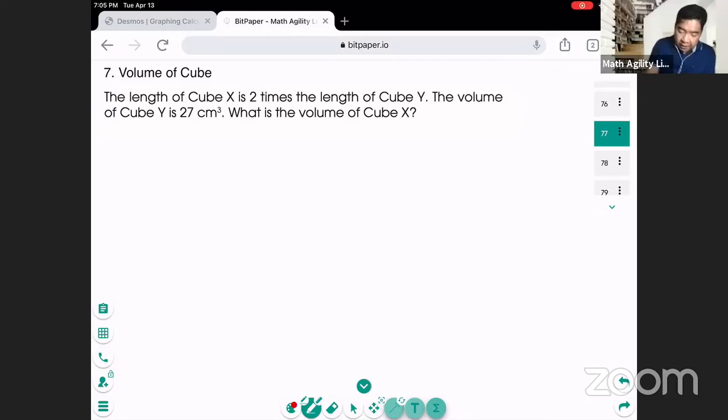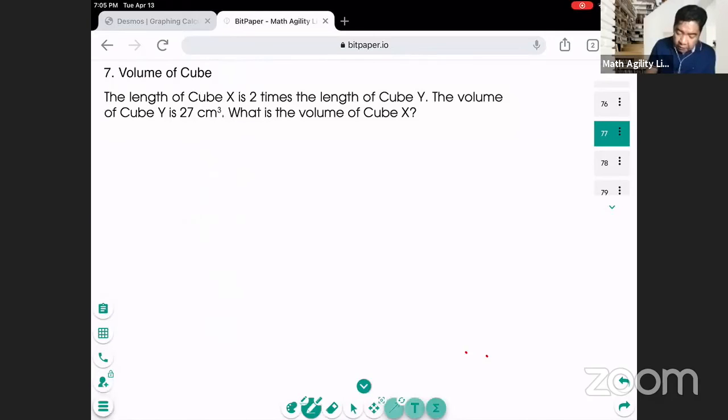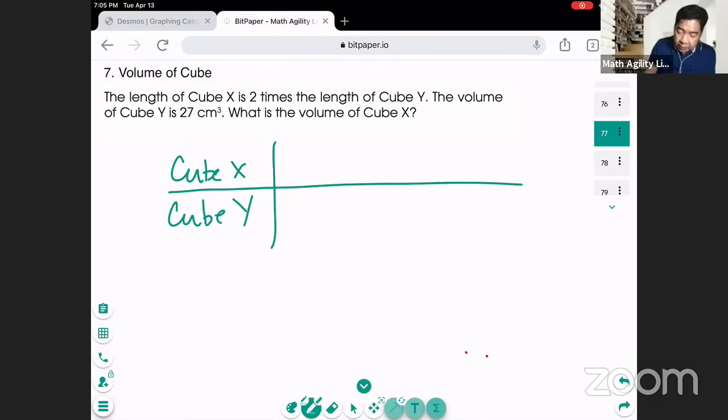So we have two cubes, cube X and cube Y. Cube Y, let's say, has length A, and cube X is 2 times the length of cube Y, so we multiply A by 2.